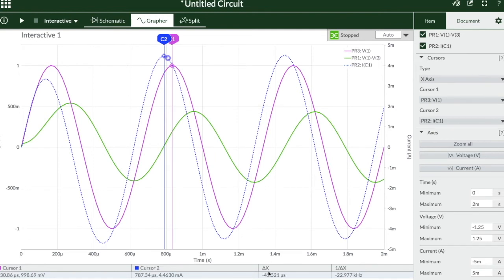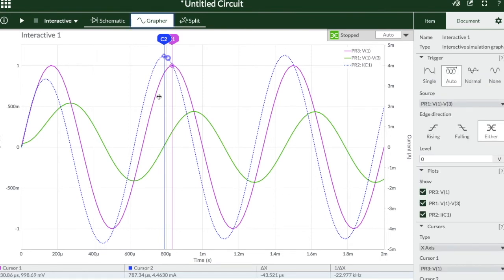This gives us delta x as minus 43 microseconds, where current is leading the voltage, and earlier when frequency was closer to the resonant frequency, the delta x was smaller. That means phase difference is increasing as we move away from the resonant frequency, and when the input signal frequency is less than the resonant frequency, current is leading the voltage.